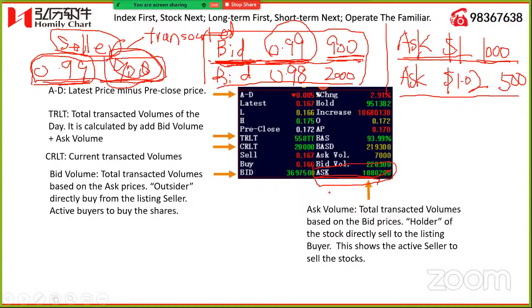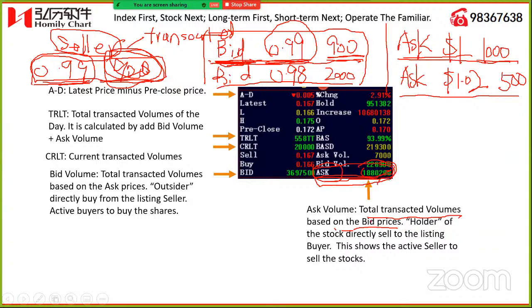Okay. So this volume will be added to ask. So that means it's the total transacted volume based on the bid price. So this bid price was there because the seller was willing to sell at this price, right? So this volume will be recorded in here.